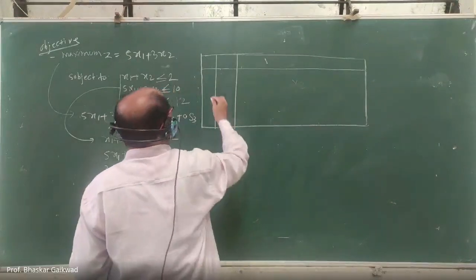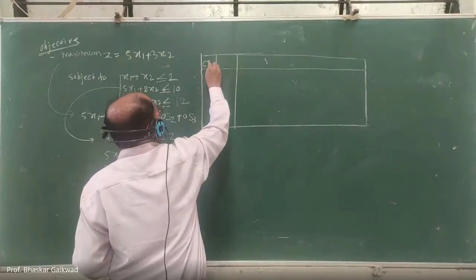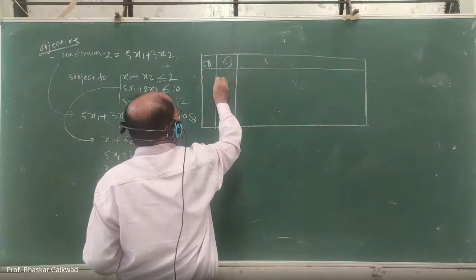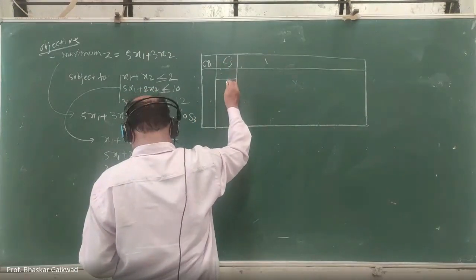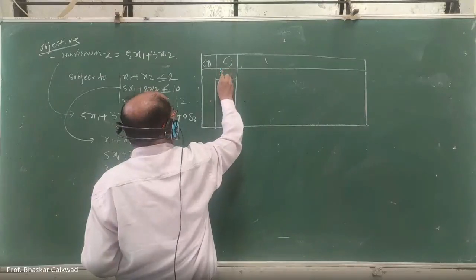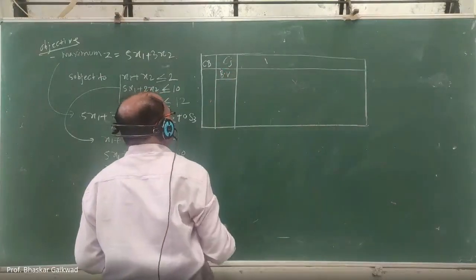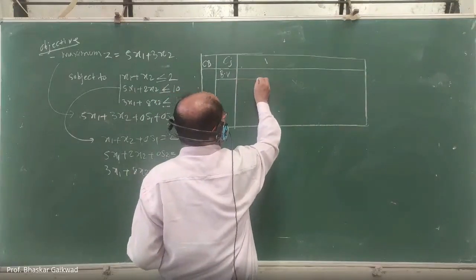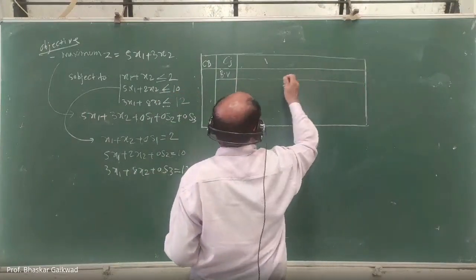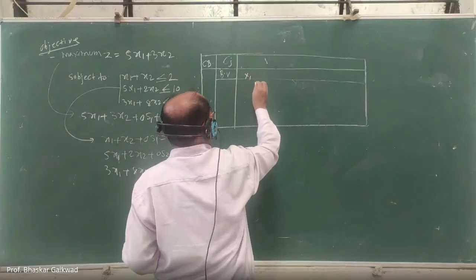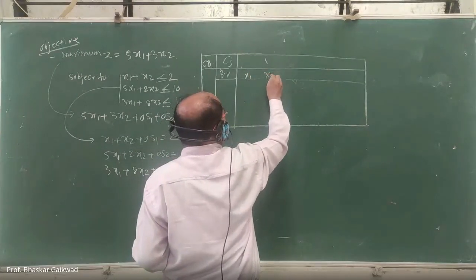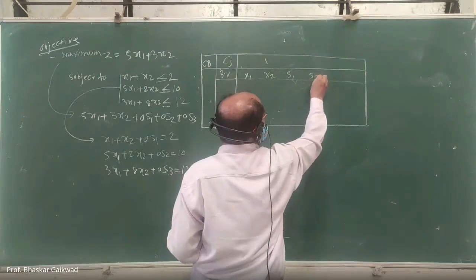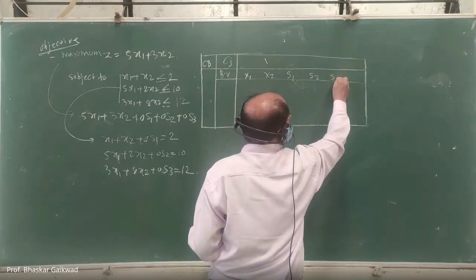Here it is variable, basic variable, then x1, x2, S1, S2, S3. Correct?